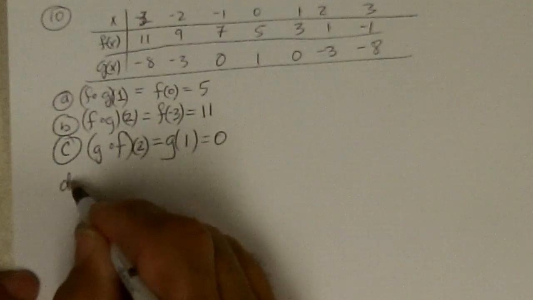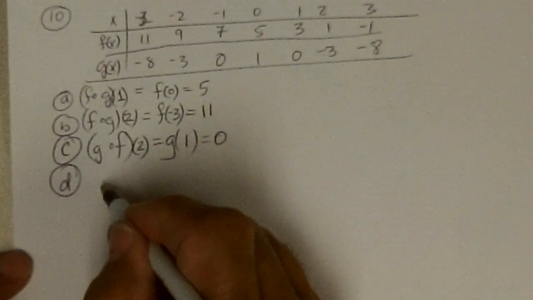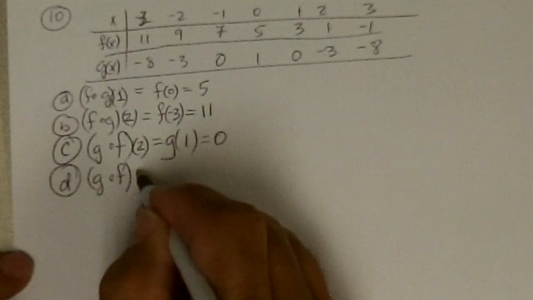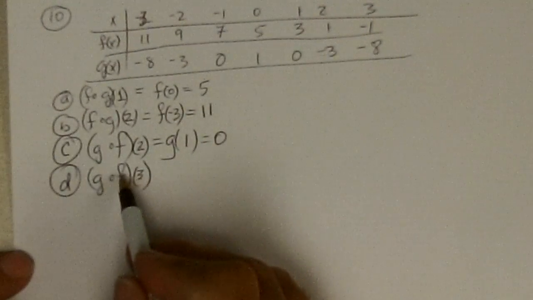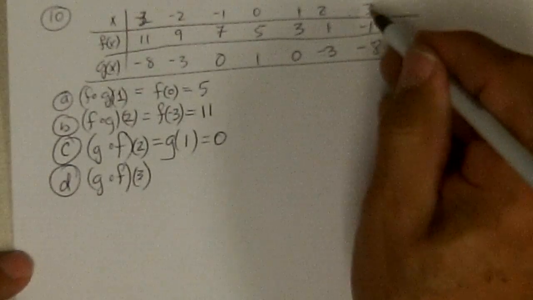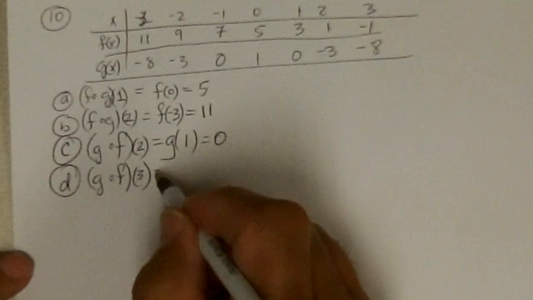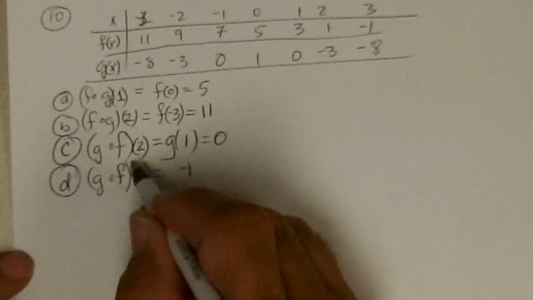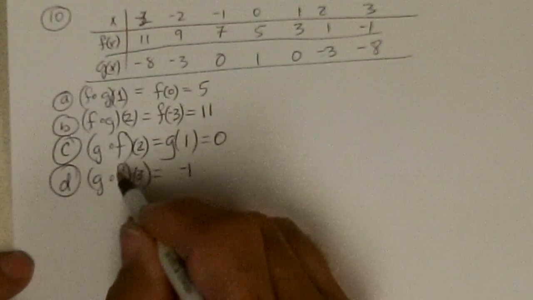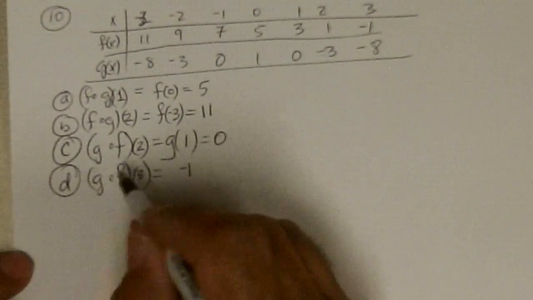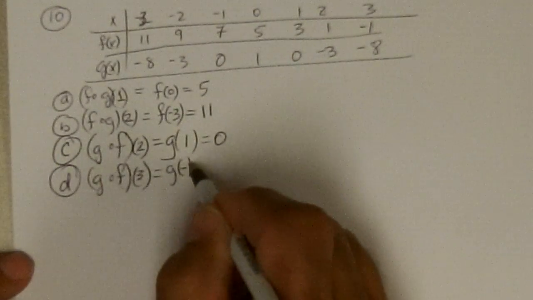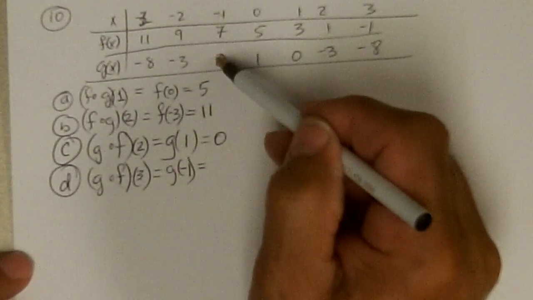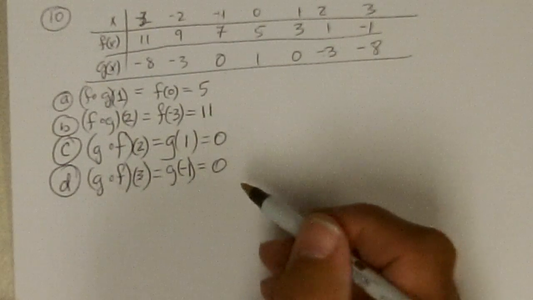And then D. We're supposed to find g of f of 3. So 3 is supposed to go into f. 3 into f is -1. And now we're supposed to put that f of 3 answer, the y value when x is 3, into g. And g of -1 is 0.